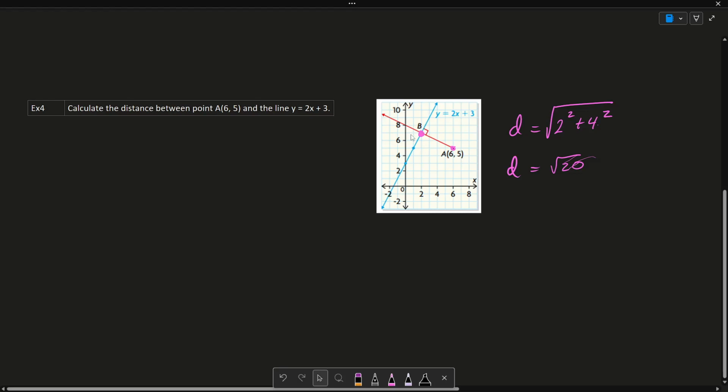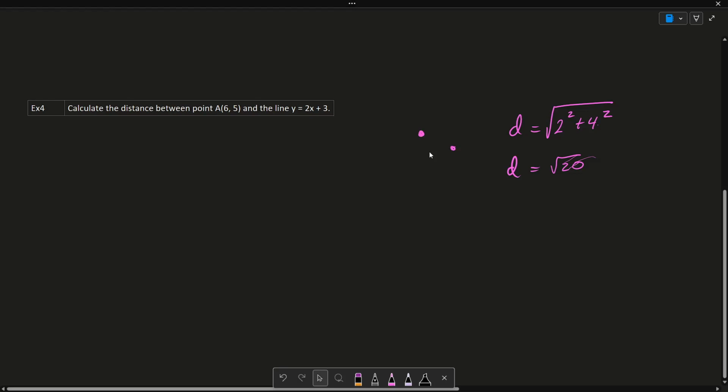But let's say we didn't have the graph, actually. What if the graph was not provided, and we were given this question, okay? Well, if that were the case, even if we made the graph by hand, we wouldn't necessarily realize that the numbers are actually 2 and 4, because we would just be drawing the intersection by hand.